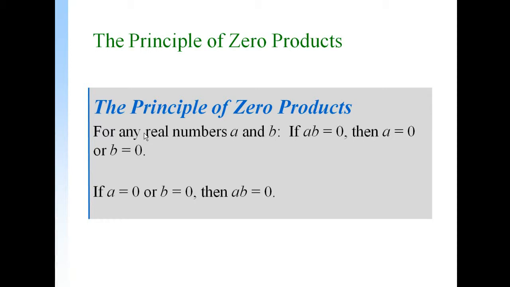It says for any real numbers a and b, if you multiply a times b and it equals 0, the only way that that can be true, remember a is a factor, b is a factor, and we're saying this factor times this equals 0, the only way that that can be true is if either a or b is equal to 0. Okay? Now what's this called? The principle of zero products.